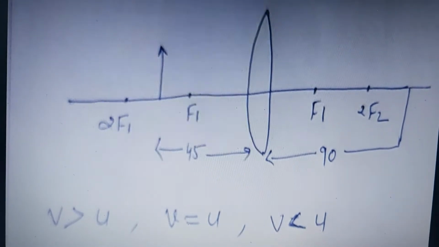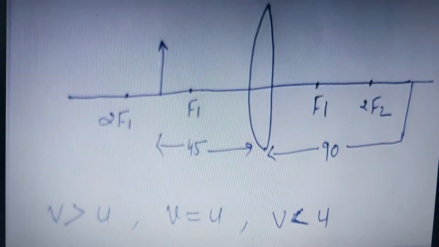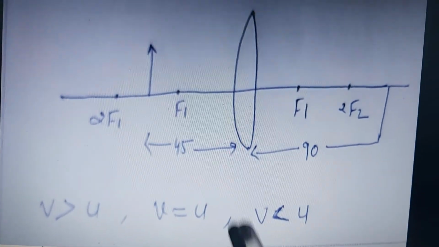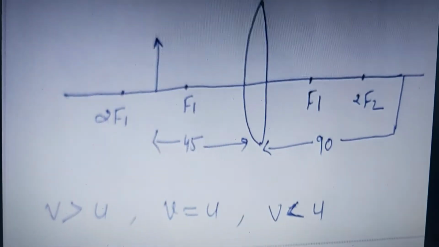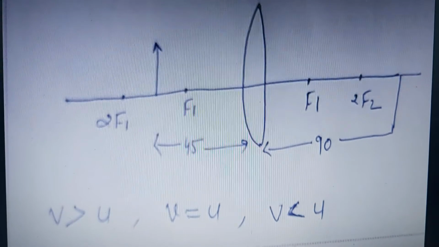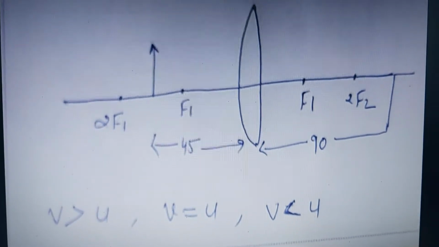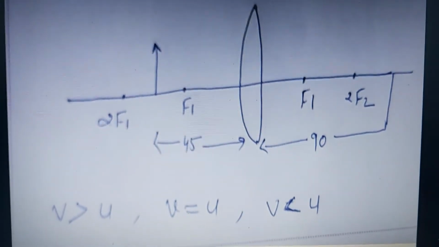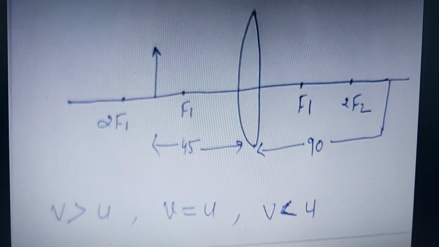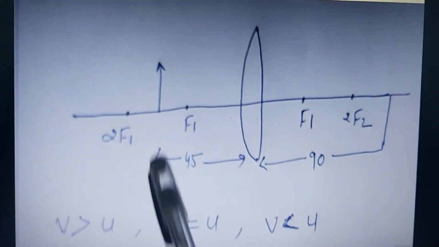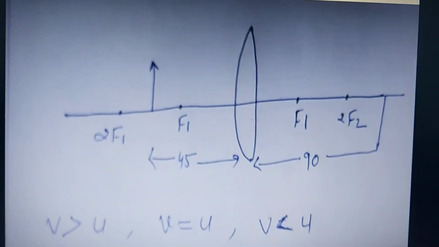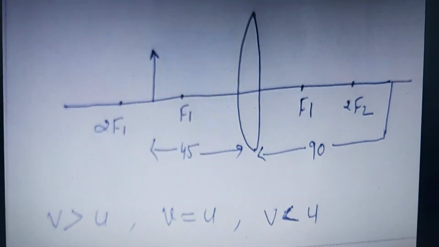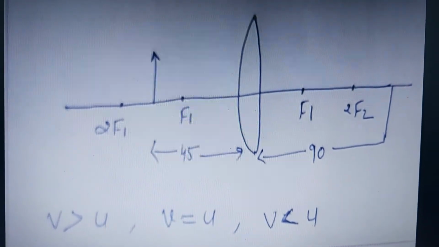In that case, the image distance is going to be greater than the object distance. Before that, when v is equal to u, the object is kept at 2f1 and the image is also formed at 2f2. And before that, when the object is beyond 2f1, every time the image distance is lesser than u.